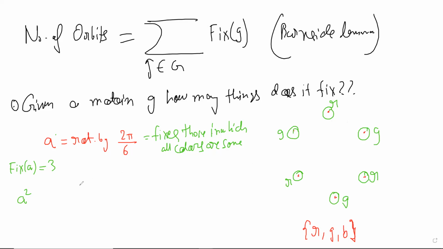So how many things will it fix? Can anybody say? How many configurations is A square going to fix? I've given in front of you one particular configuration only.